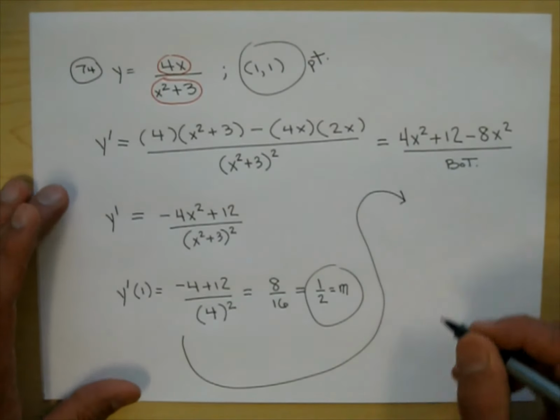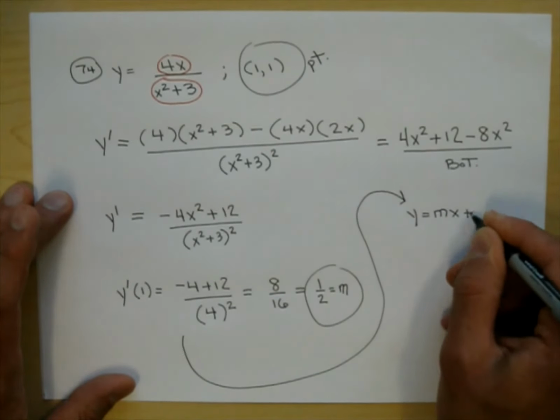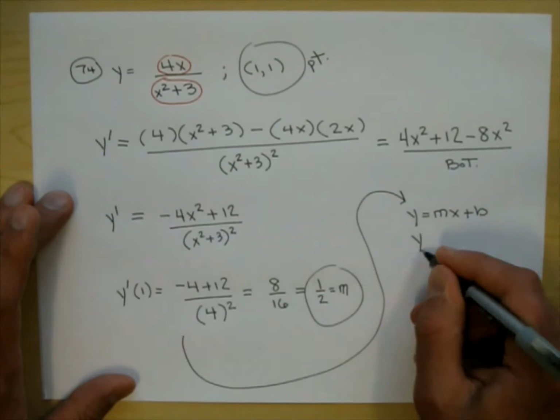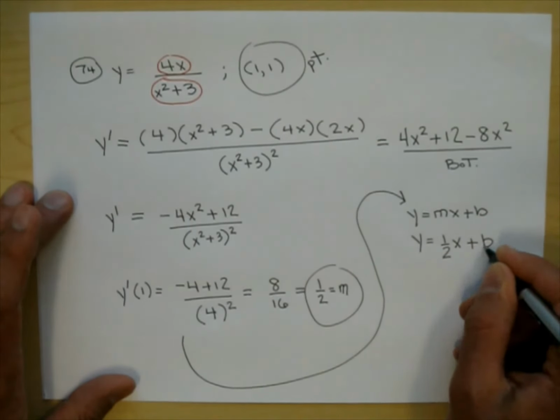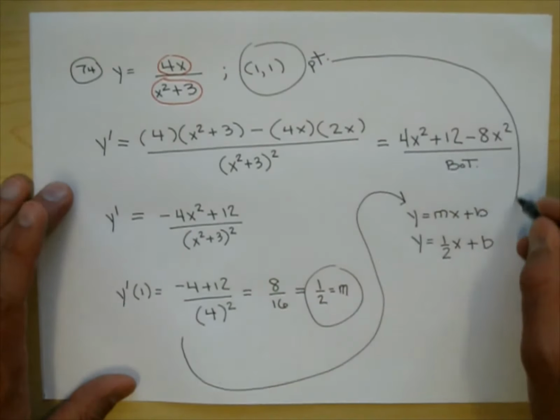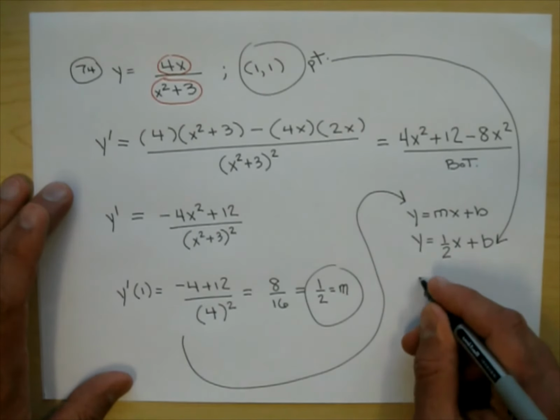Okay, so we're going to bring it over here. We have y equals mx plus b. Y equals 1/2 x plus b. Let's plug in the point 1, 1. So y is 1 and x is 1.